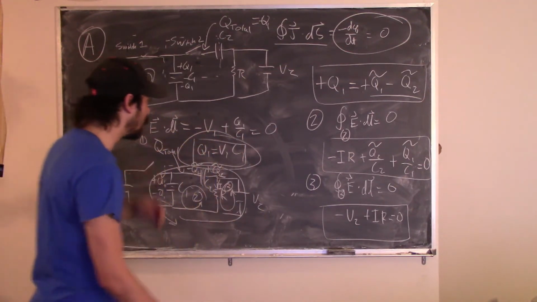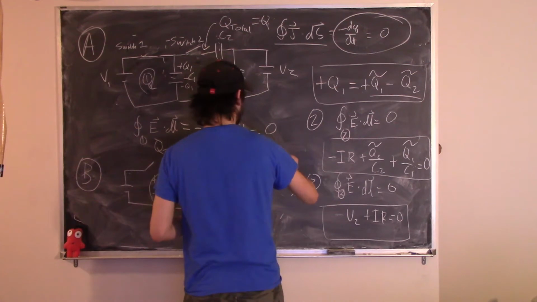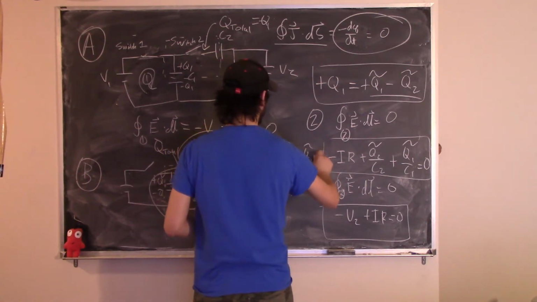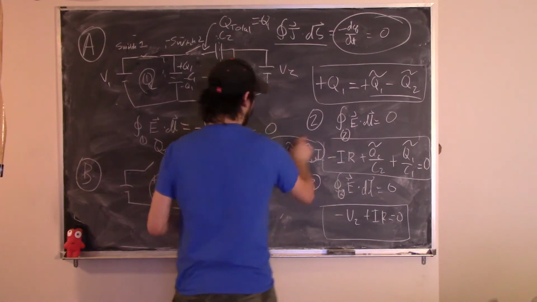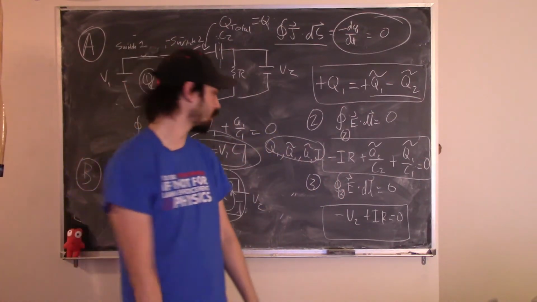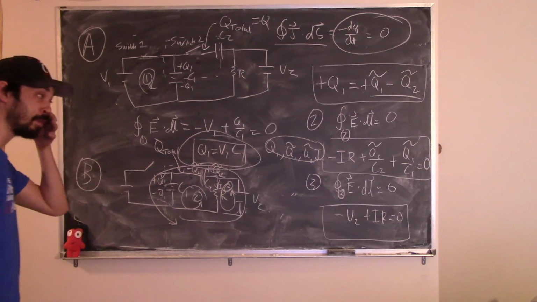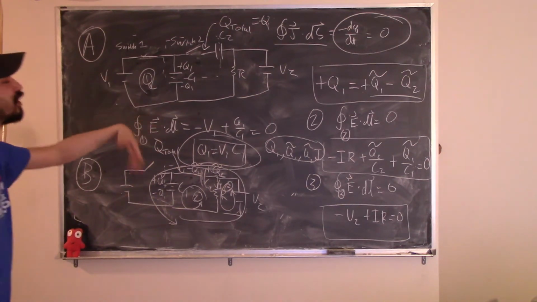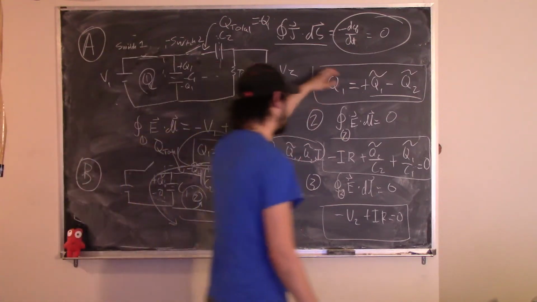And my unknowns are Q1, Q1 tilde, Q2 tilde, and I. So I have 4 equations and 4 unknowns. Okay? And as always with these problems, count the number of unknowns that you have. You should have the same number of equations in the end so that you could solve them.